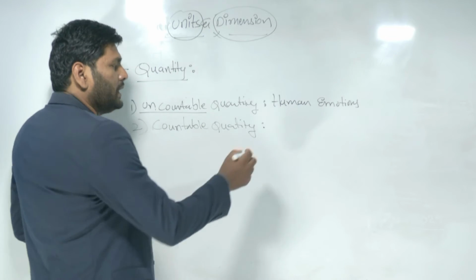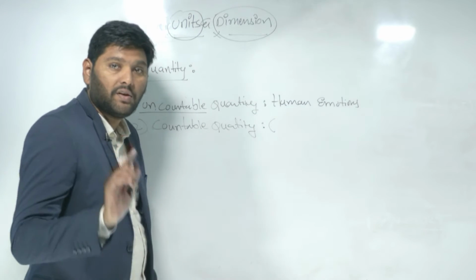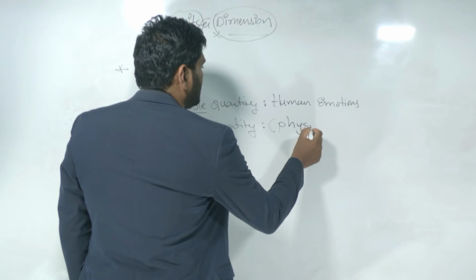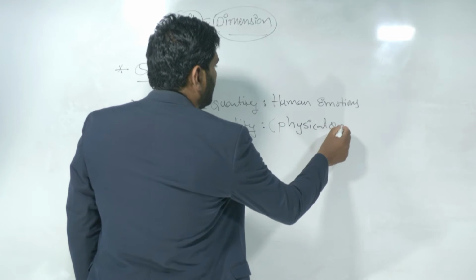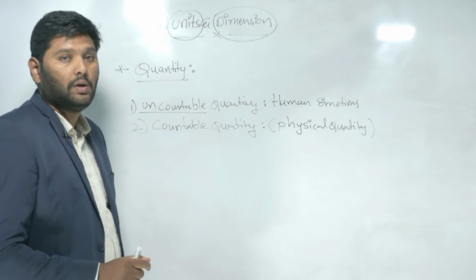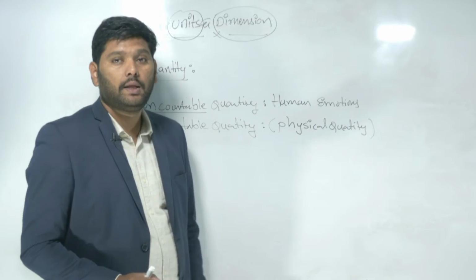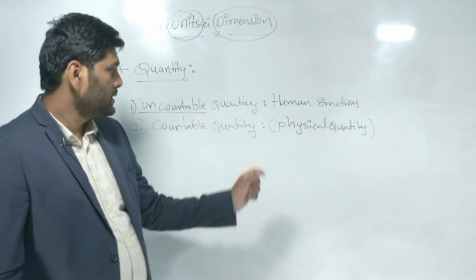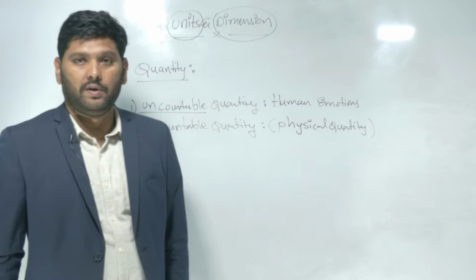This countable quantity is also known as physical quantity. The quantity which can be measured is known as countable quantity, which is also known as physical quantity.